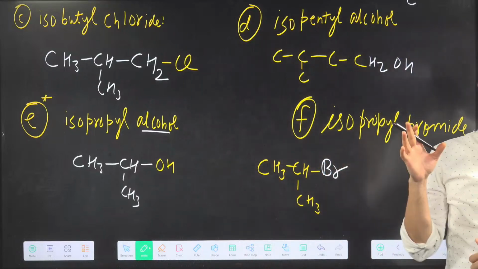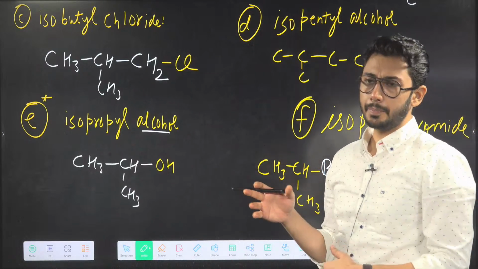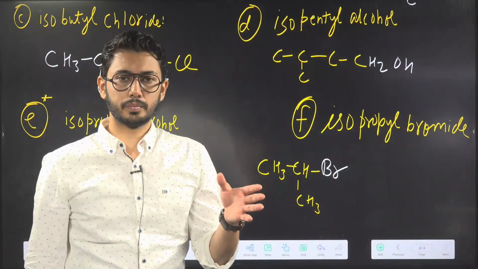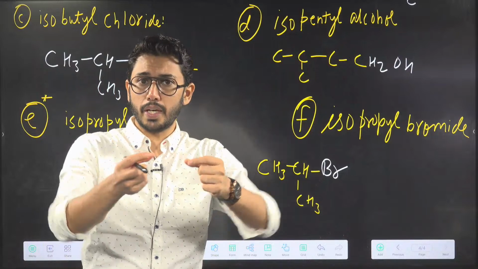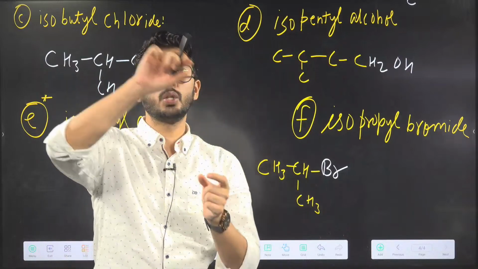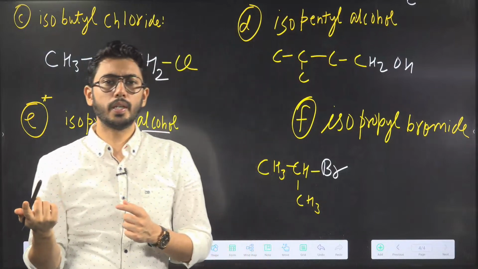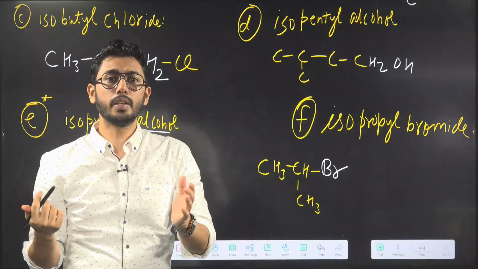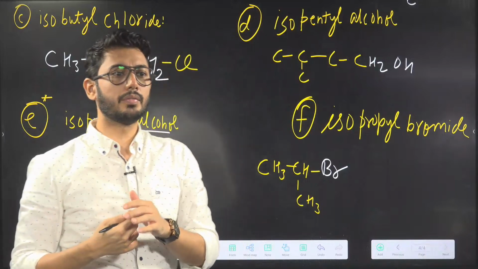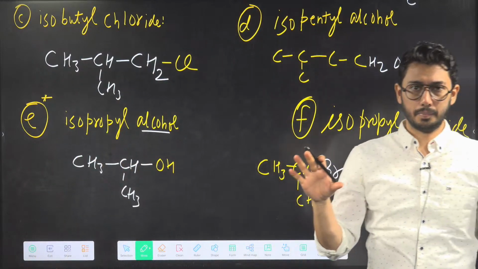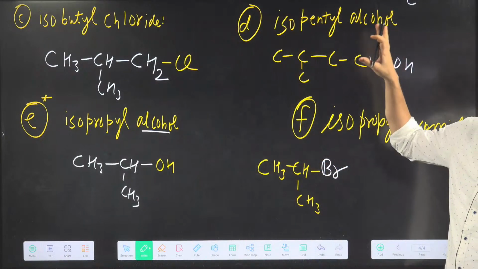But remember, in the reactions, sometimes names are directly given rather than the structure. Then you have to write the structure and then complete the reaction. Another possibility, in options, rather than giving the structure, they give the IUPAC name. That's why do not take IUPAC nomenclature lightly.